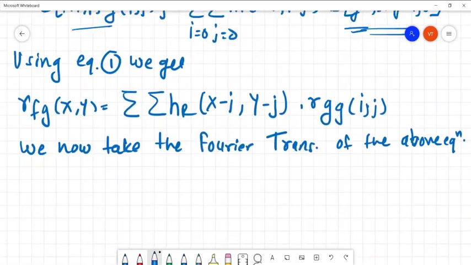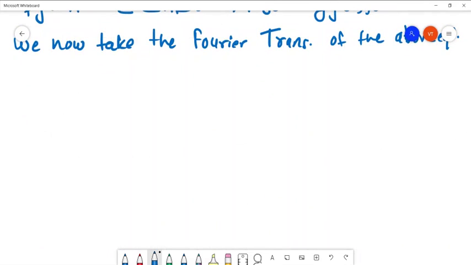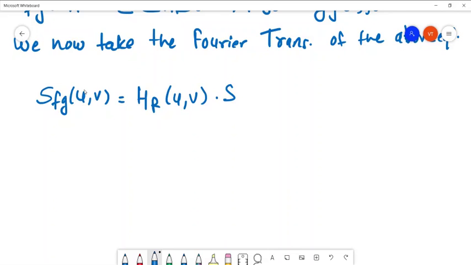So after taking the Fourier transform of the above equation, we can write this as S_fg(u, v) equal to HR(u, v) dot S_gg(u, v).